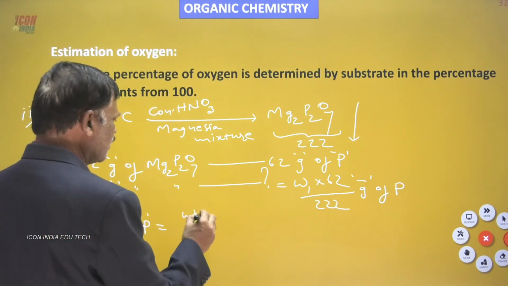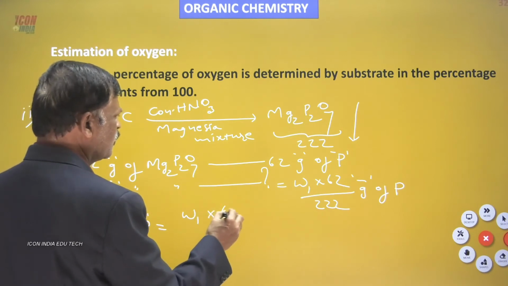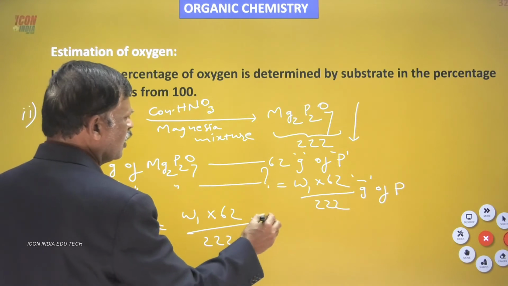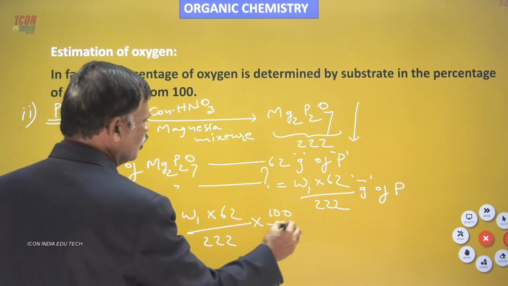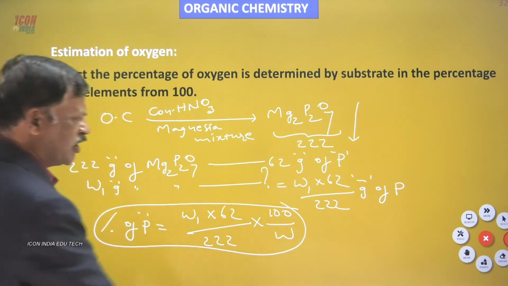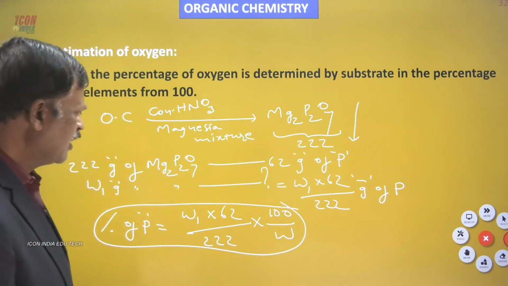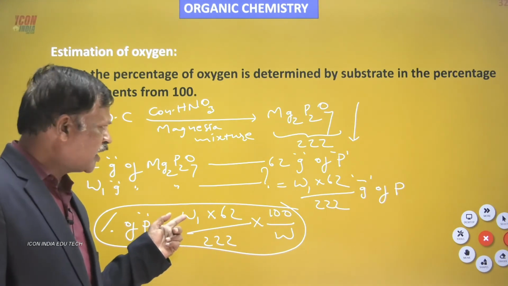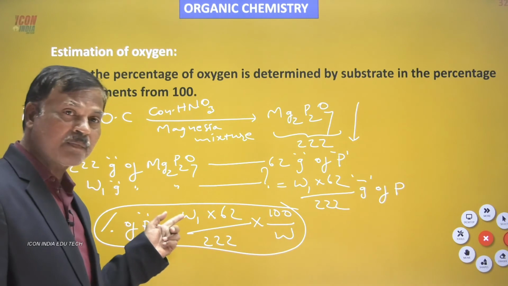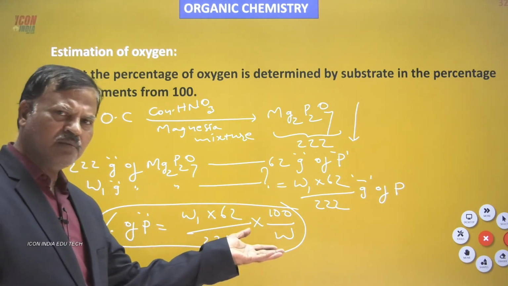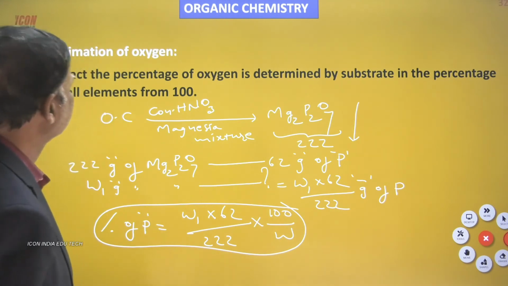That is W1 into 62 divided by 222 into 100 by W. So, this is another method to estimate phosphorus. Here W1 is the mass of the magnesium pyrophosphate obtained in the experiment. W is, as usual, the mass of organic compound.